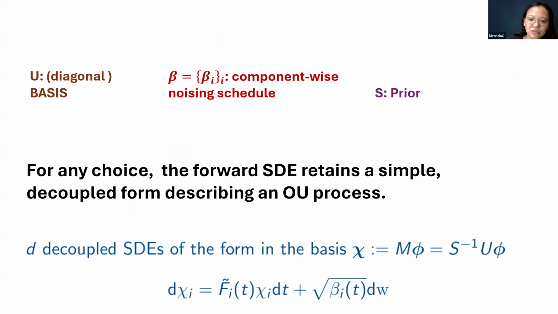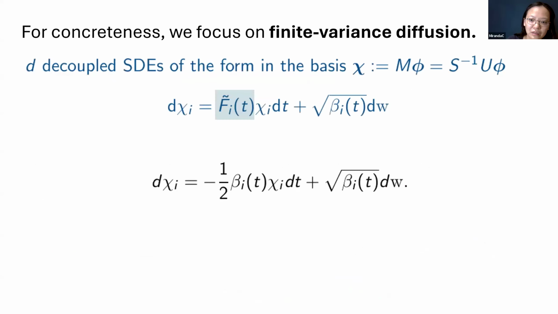And we would like to stress again that for any of such choices, the forward SDE retains a simple and decoupled form that's describing an Ornstein-Uhlenbeck process. So all the benefits of diffusion models, like being analytically amenable, still remain, no matter what choices you make here.